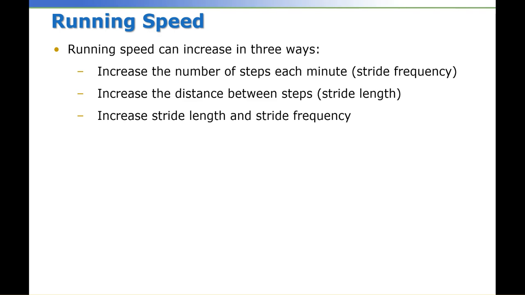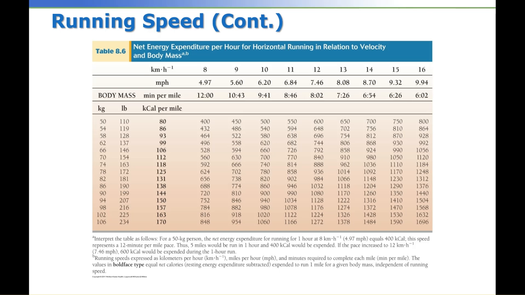Same thing with bicycling: cyclists who exhibit the most economical cycling pattern possess a higher percentage of slow-twitch type 1 muscle fibers versus fast-twitch type 2. So this is another thing that causes efficiency to be a factor, the muscle fiber types in regards to what you're doing.